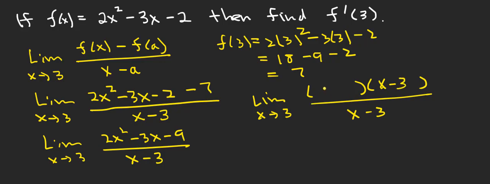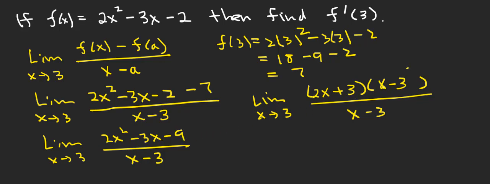The reason why I put x minus 3 is that most likely this will cancel out. So let's say 2x, and then positive 3, because positive 3 times negative 3 is negative 9. When you FOIL it, you do get negative 3x in the middle, so this works.